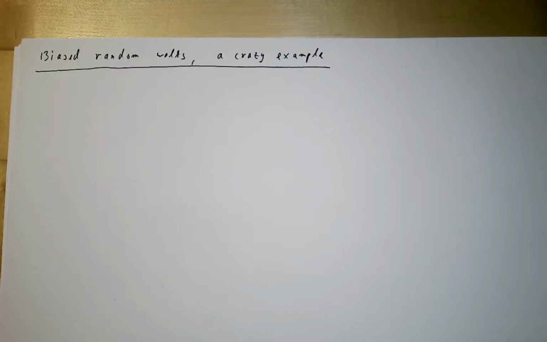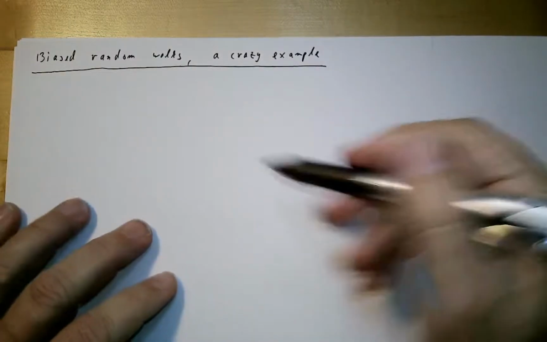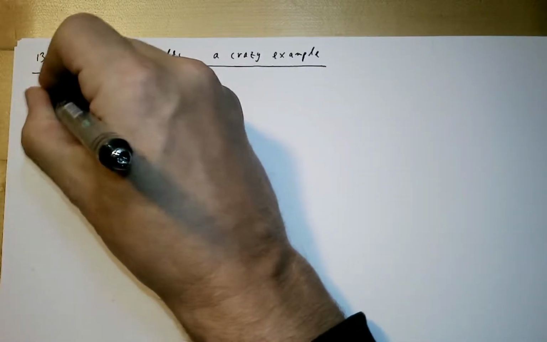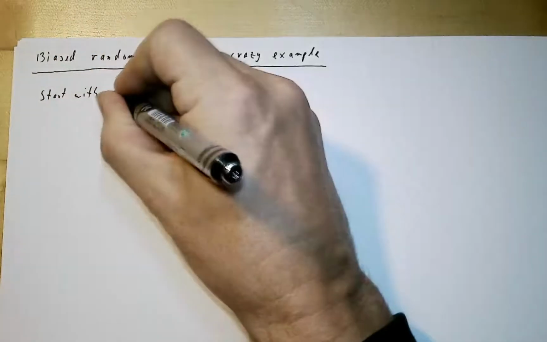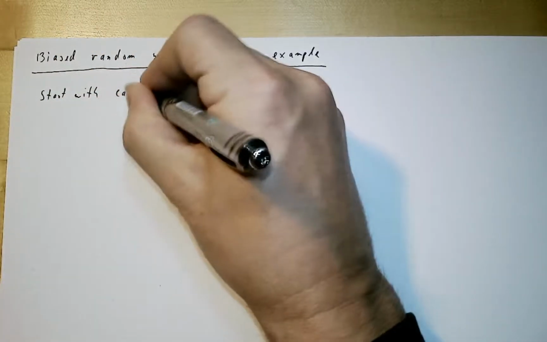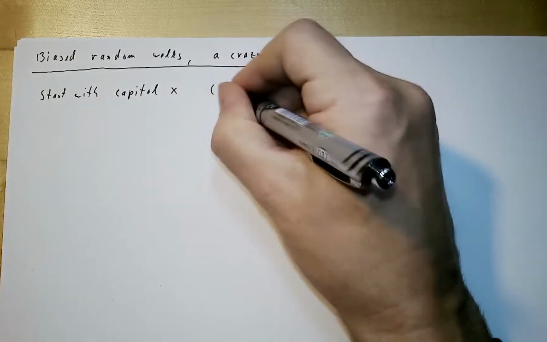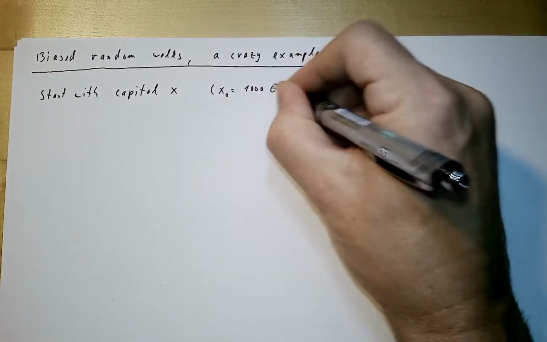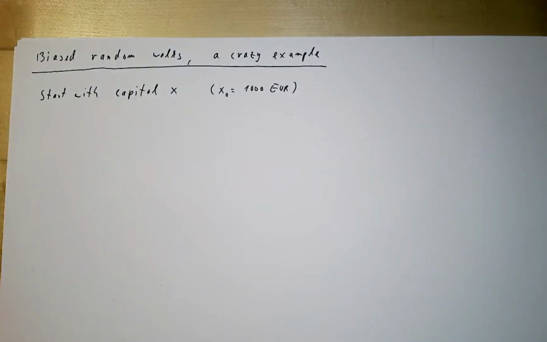So what's the idea? We make a random walk, a kind of trading thing. You start with a capital, that's the money you have. Maybe you start with 1,000 euro, and now we make a bet.